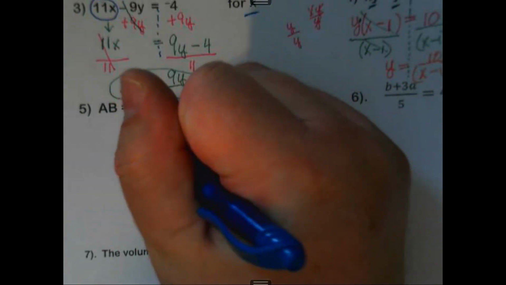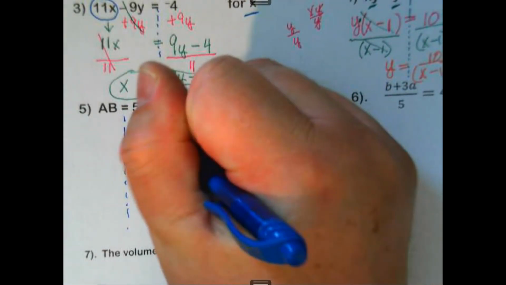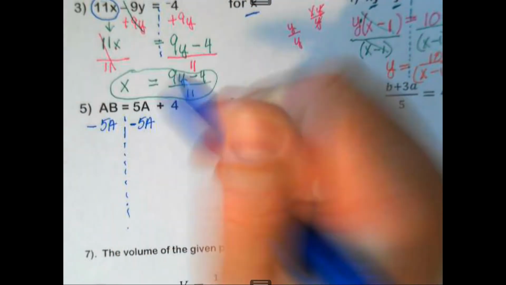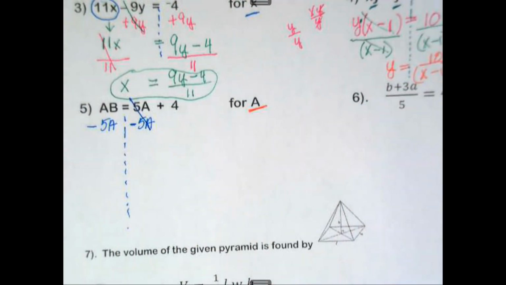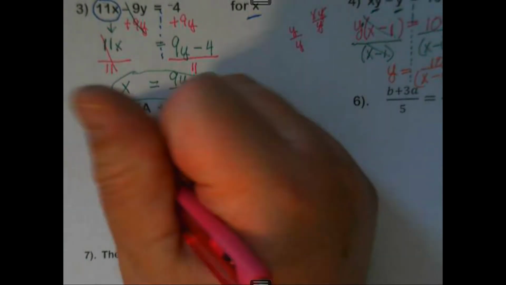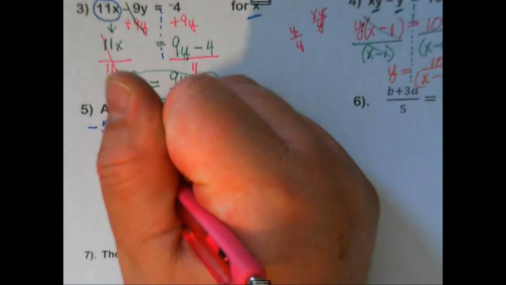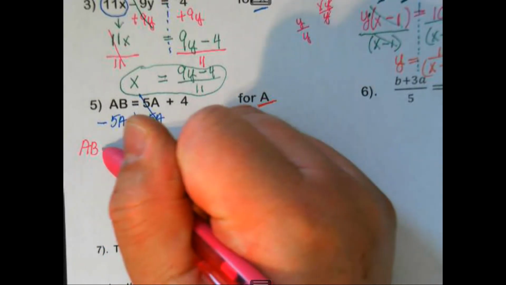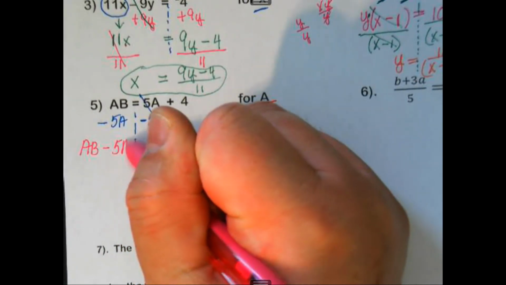So I'm going to subtract 5A from both sides. So I get, now these still are not like terms. Keep them separate. AB minus 5A. At least I have the capital A on the same side of the equation.